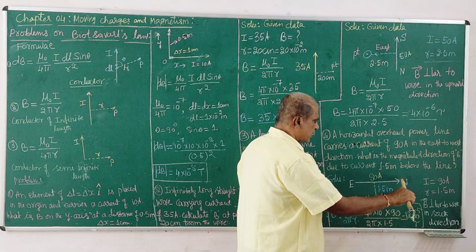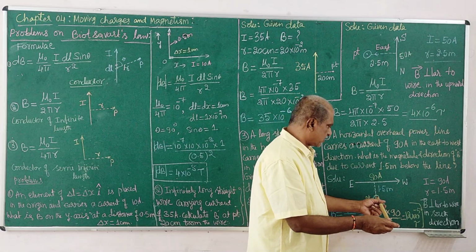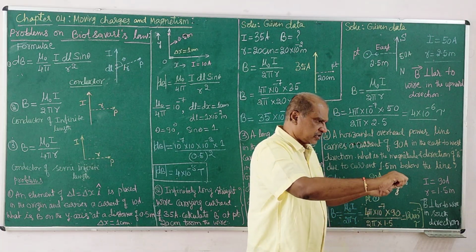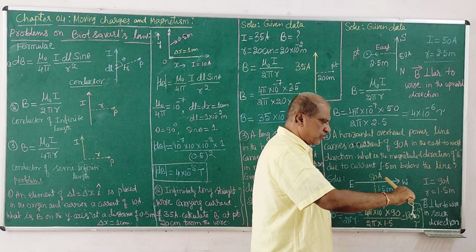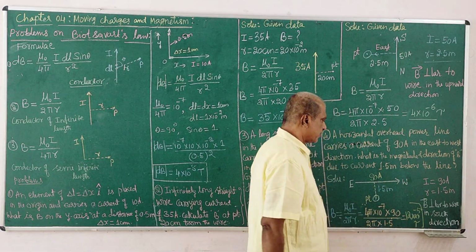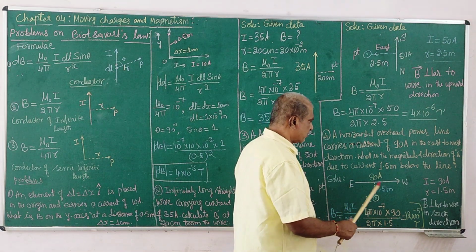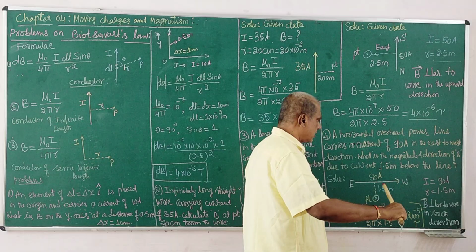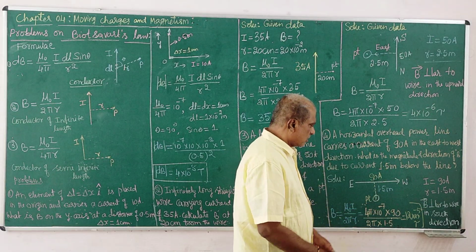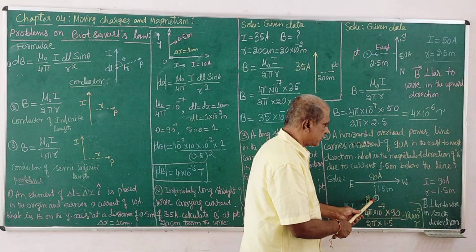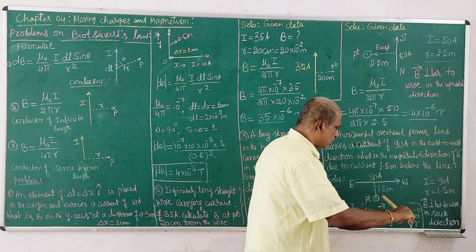So this is east-west. If we say east-west in this line, the right hand side is north and the left hand side is south. The magnetic field at this point is in the perpendicular direction, towards the south.